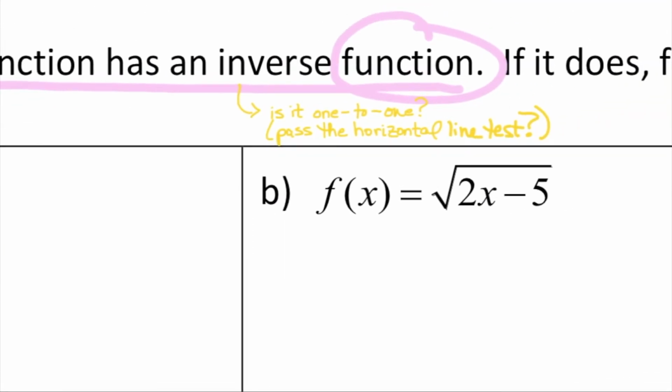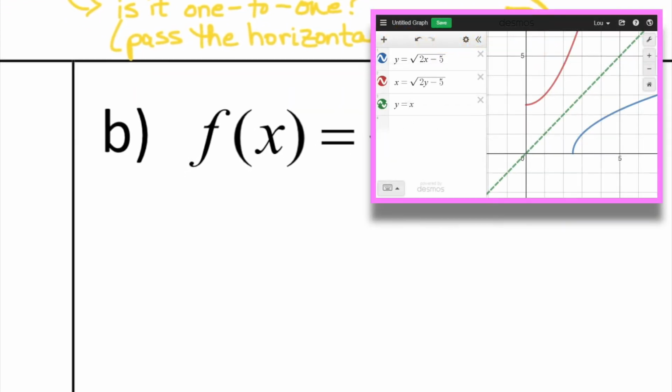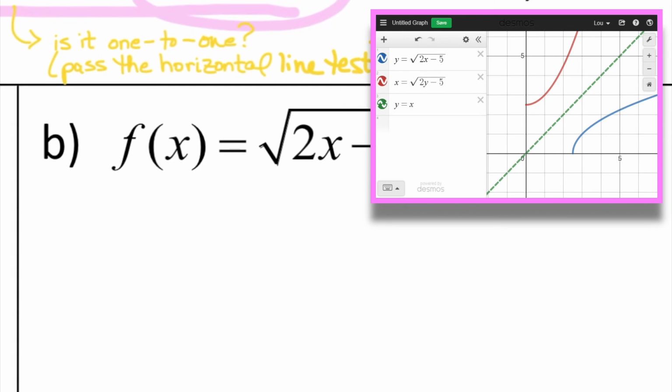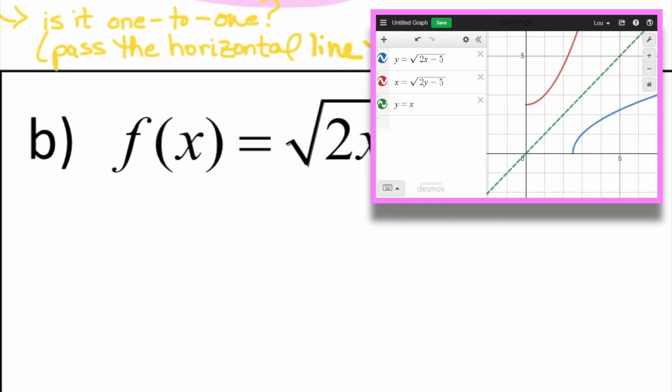Now in letter B, again, I'm going to try to have that graph in the corner of the video here, and you should be able to see from the graph that the function is 1-to-1, which means it does pass the horizontal line test, and therefore there will be an inverse function.